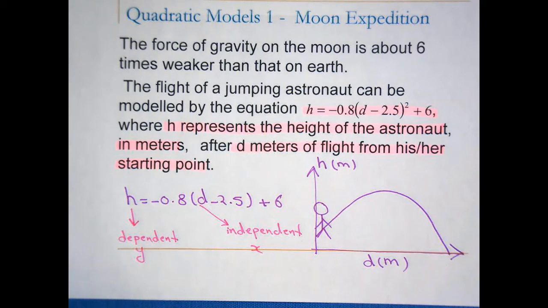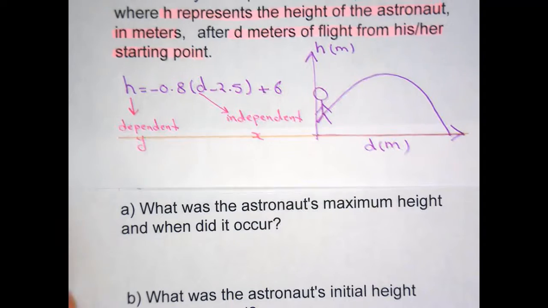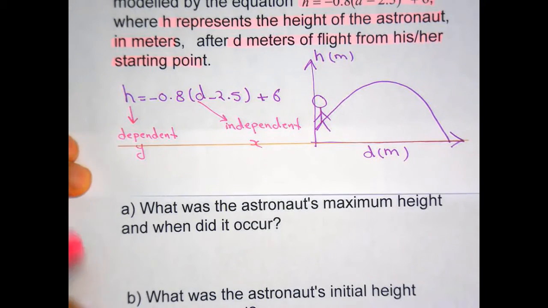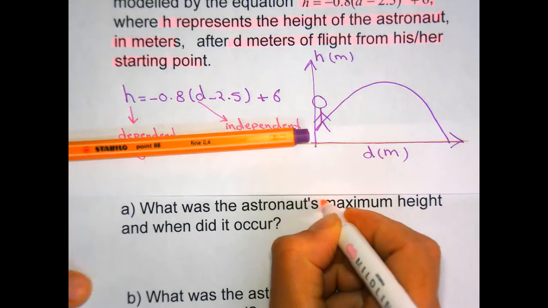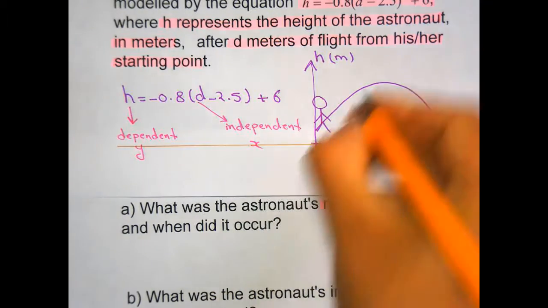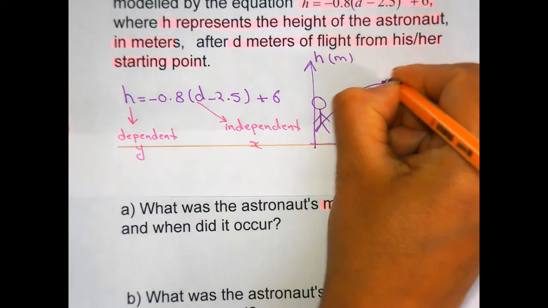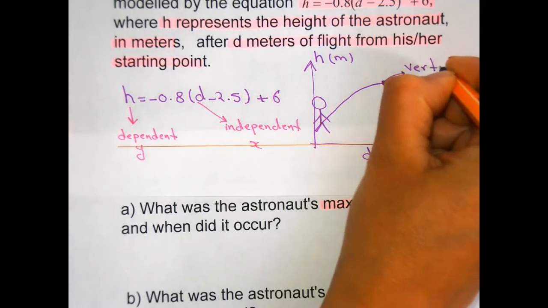Now, the first question to answer here is, what was the astronaut's maximum height and when did it occur? Maximum height: you remember that a maximum in a parabola means we are talking about the vertex.